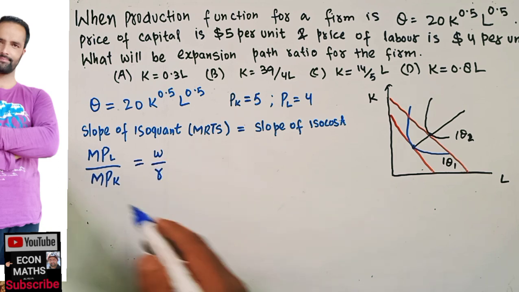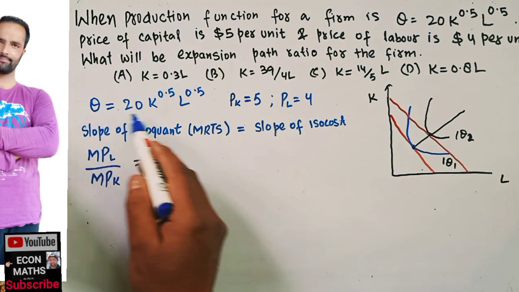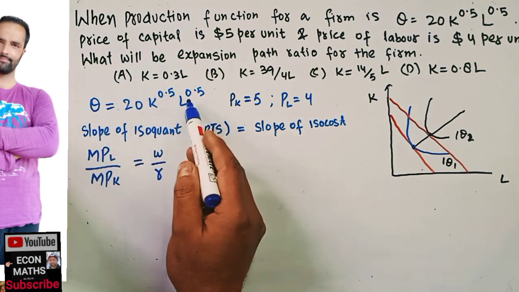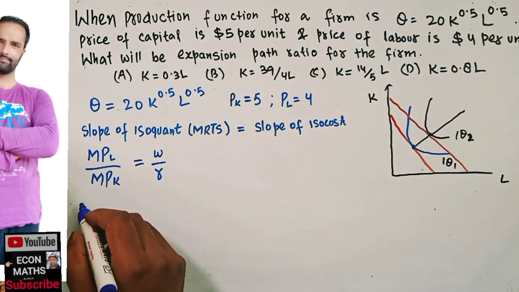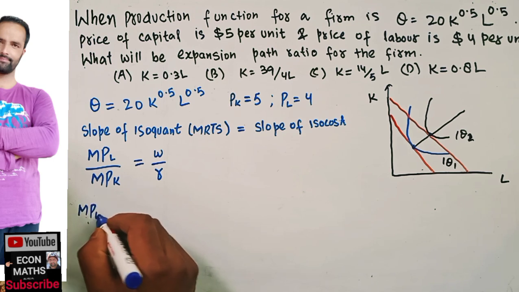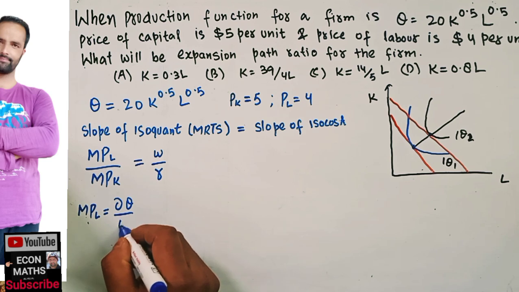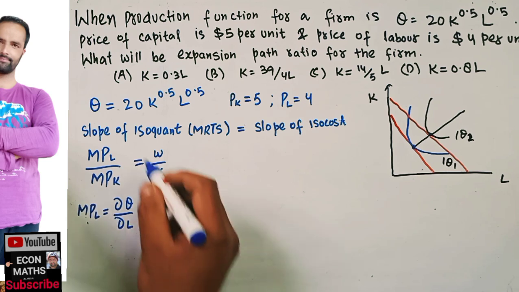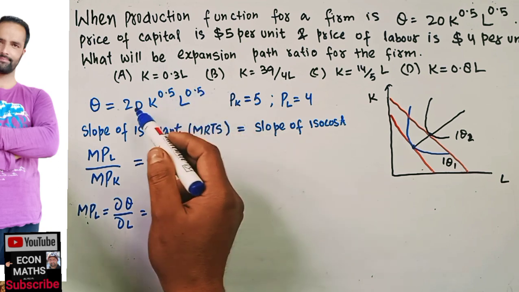So what is the marginal product of labor? We need to differentiate this function partially with respect to L first. So let me write it here. Our MPL means the partial derivative of the production function with respect to L. If we partially differentiate with respect to L, 0.5 will become the coefficient.